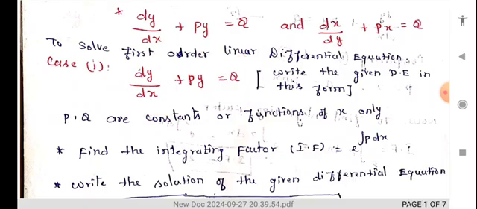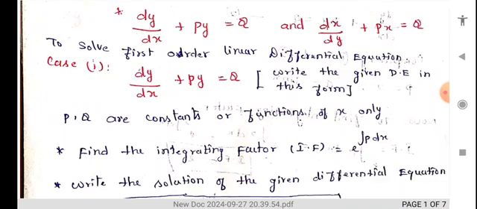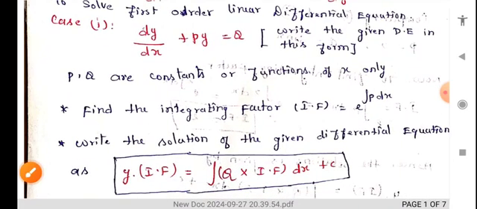So first, we have to check that the given sum is presented in any one of these forms, either dy by dx plus py equal to q, or dx by dy plus px equal to q. After finding this, we have to compare.